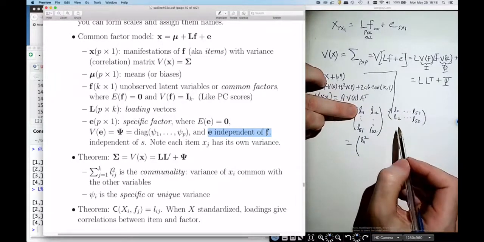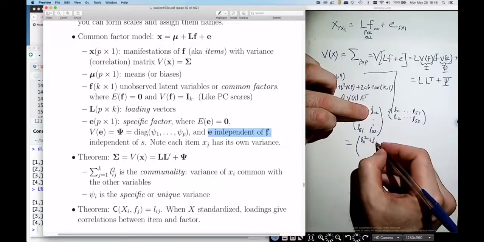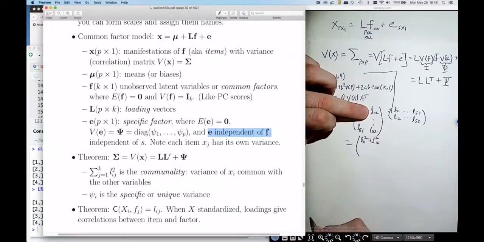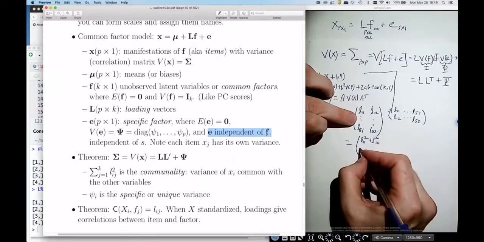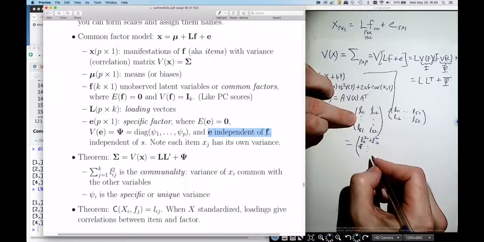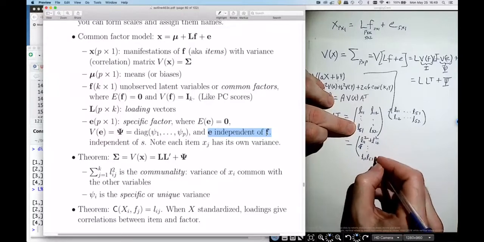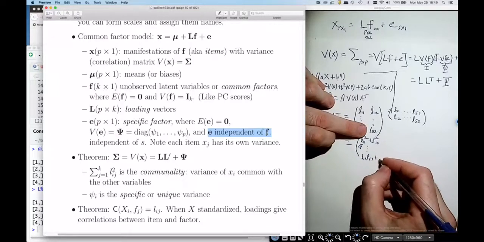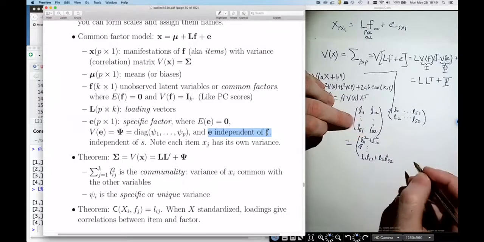So that's this times this plus L12 squared. Now I could do the same thing if I wanted here. I don't want to write everything out. Let's just do a dot, dot, dot. This would be L11 times L51 plus L12 times L52.